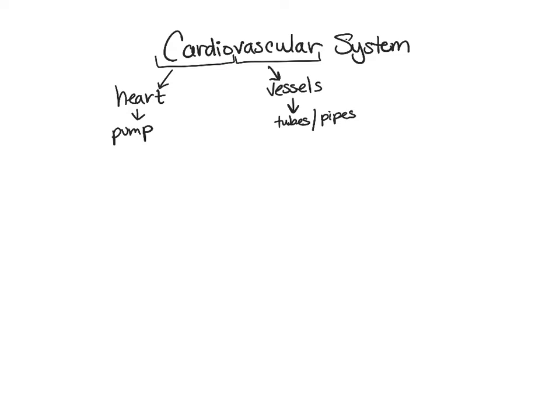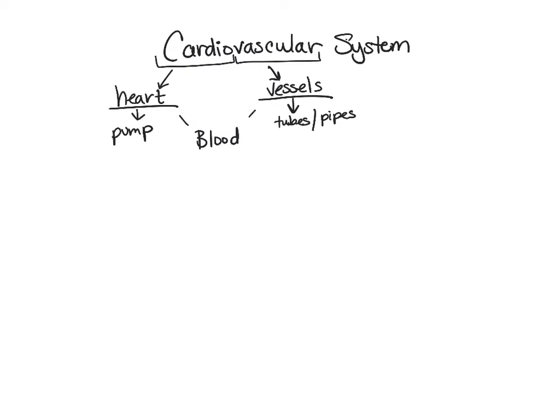The heart is pumping the blood, and then the blood is going through the blood vessels, allowing the blood to circulate to nearly all of the parts in the body. So this is the cardiovascular system composed of the heart, the vessels, and then also the blood, which is being pumped by the heart and pushed through the vessels.